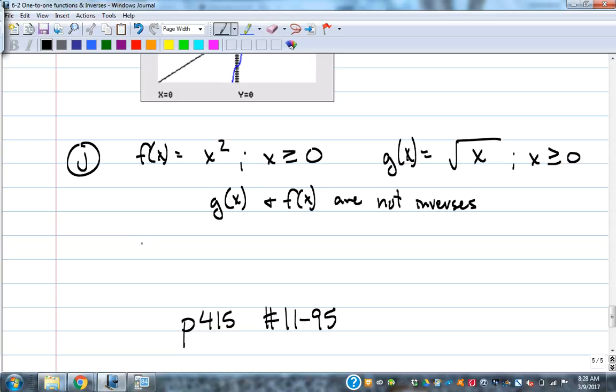Algebraically, you got to look at it and say, okay, well, the domains do matter this time. So if you did g composed with x, or f composed with g of x, we'll do that side first. Square root of x squared. You got to look at the domains because they do matter on this because they gave you restrictions.